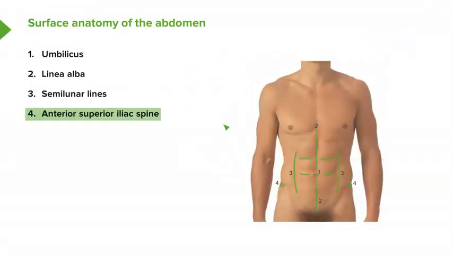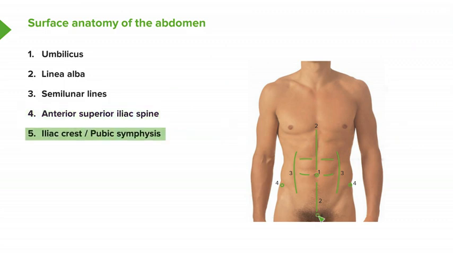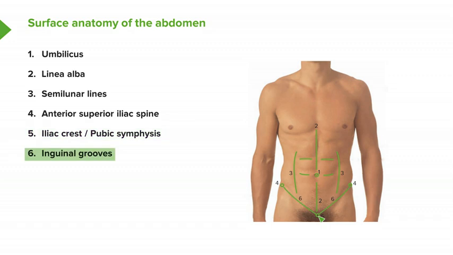And as we saw in the previous slide, these structures radiate down to the midline where we find the pubic symphysis and the iliac crest. So from the anterior superior iliac spine, which we can see here, we then have in the midline, the iliac crest and the pubic symphysis. And running down, we see this slight depression, which indicates the inguinal ligament, and we just see it slightly depressed, and that's our inguinal groove.